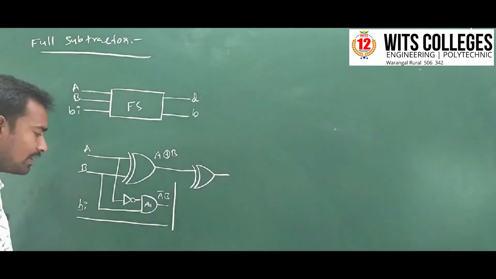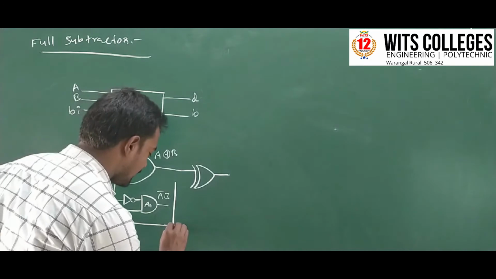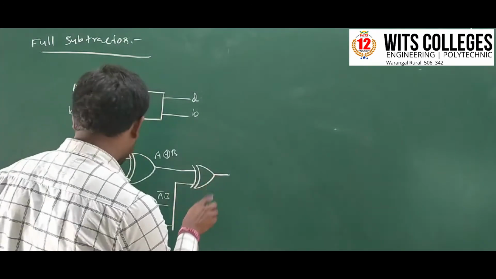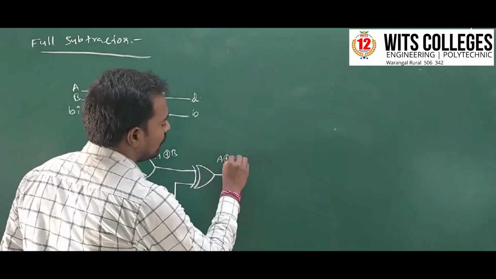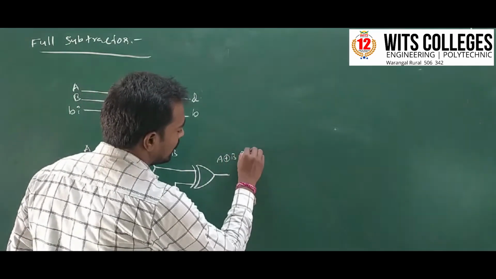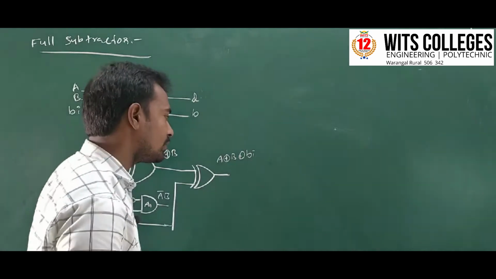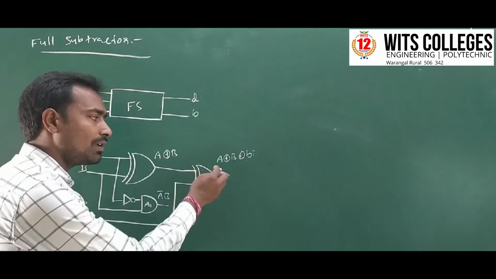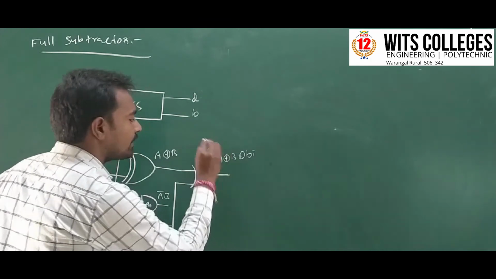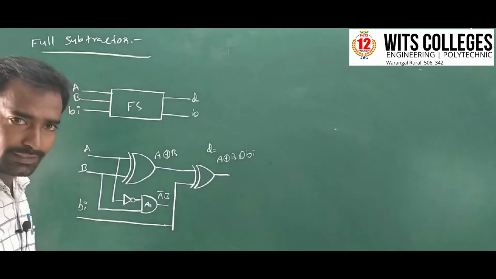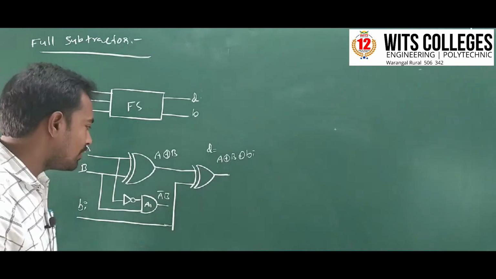So this is the borrow input, and this is connected to here, and this gives the output of A exclusive OR B exclusive OR borrow input. And this is the output of D, that is the difference.